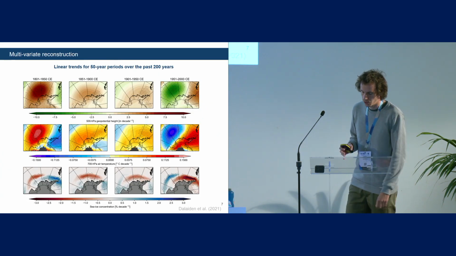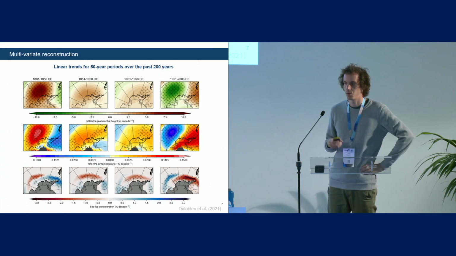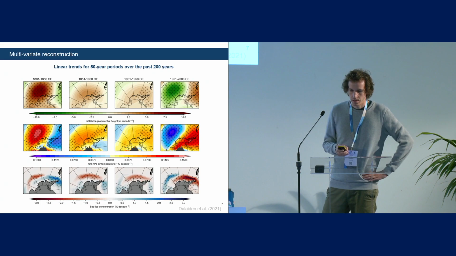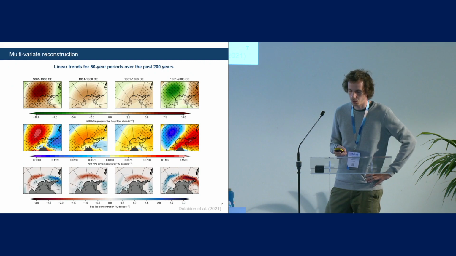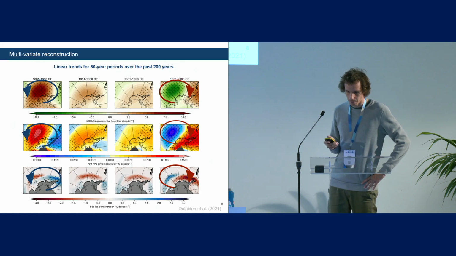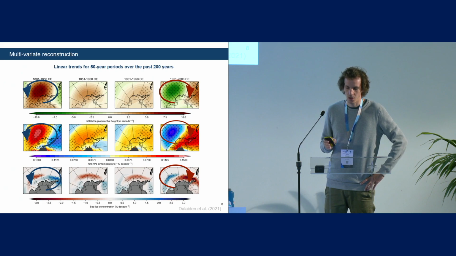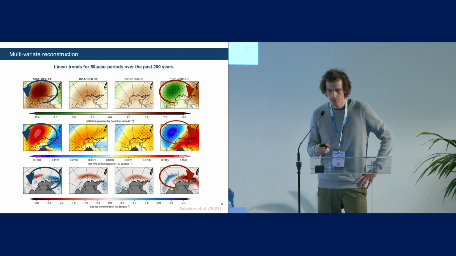Here I show a plot to illustrate the potential of data assimilation-based reconstructions: the linear trends for 50-year periods of the last 2 centuries for the 500 hectopascal geopotential height, the temperature at 700 level, and finally the sea ice concentration. Over the first period, what we observe is a weakening of the Amundsen Sea Low, in the first plot on the left.